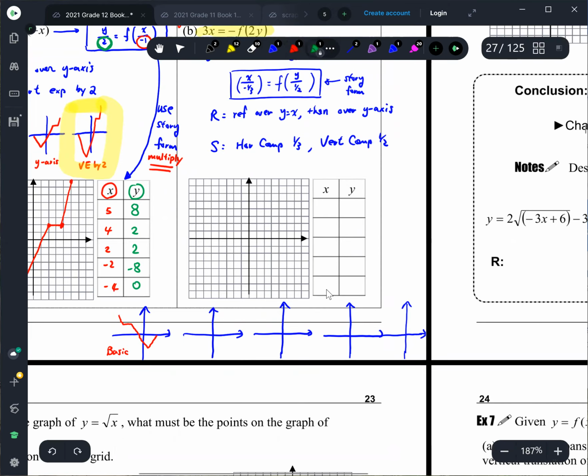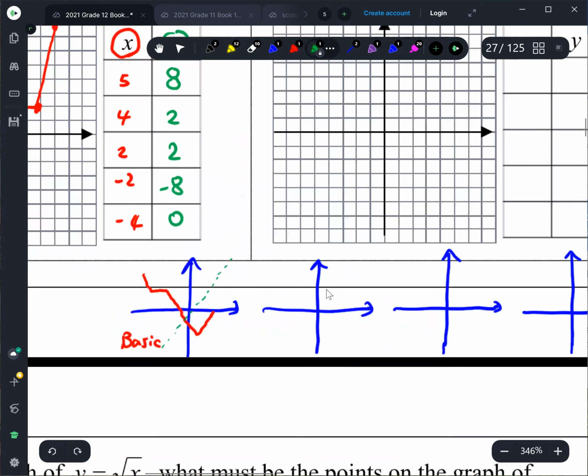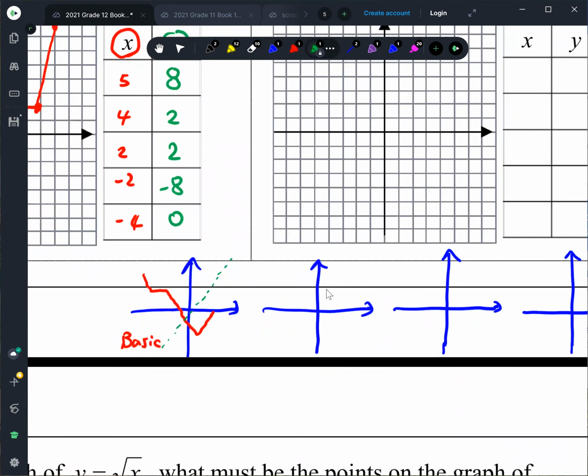You have to imagine your mirror is this green line. You need to flip diagonally, right? So it will look something like this. Okay, I'll draw it out.